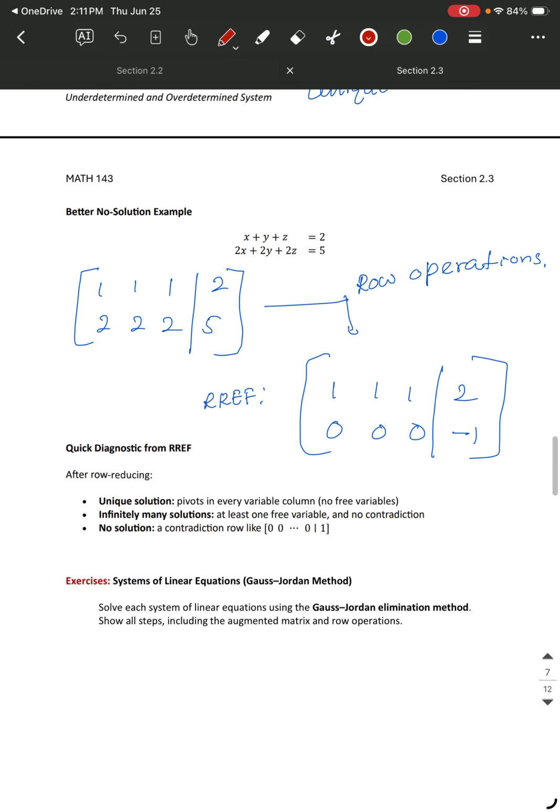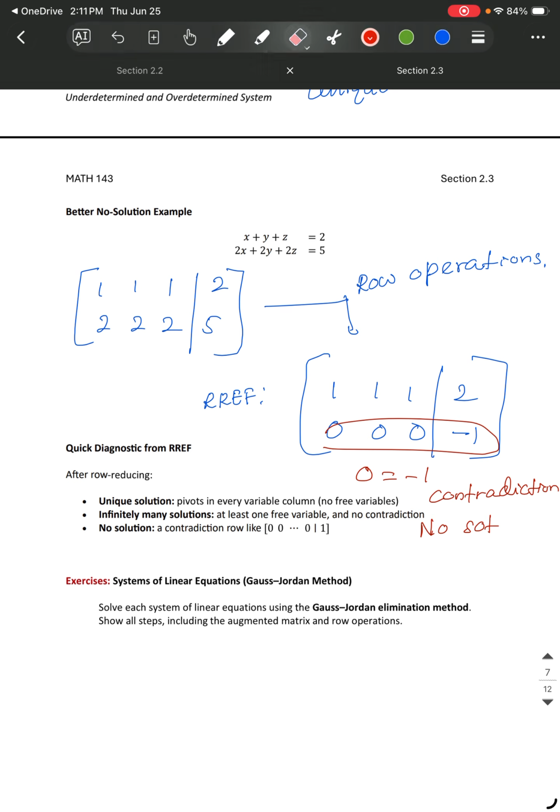So, what happened? There is a contradiction. 0 equals negative 1 from the last row. Contradiction. No solution. The system has no solution.